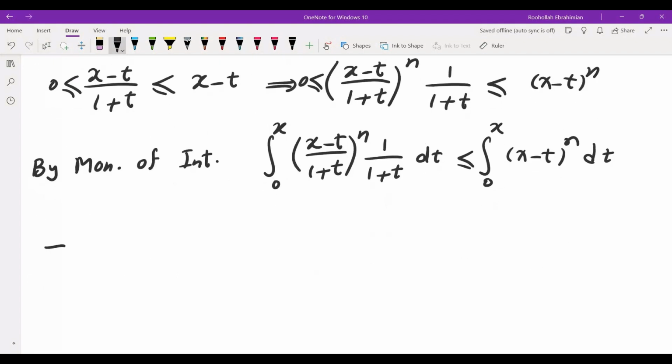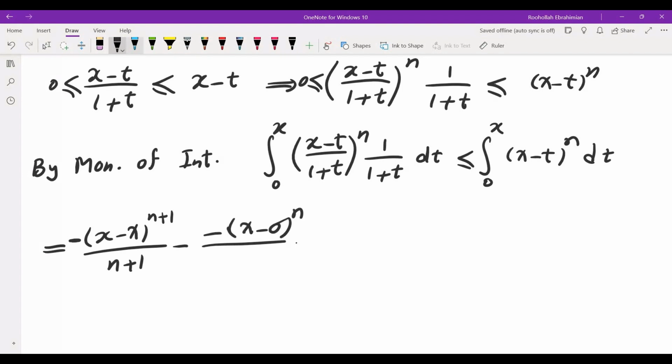Now, this guy is x minus t to the power of n plus 1 over n plus 1 negated. And we have to evaluate this at x and then subtract the value of this one at t equals 0, which is the first portion is just 0, and the second portion is x to the power of n plus 1 over n plus 1.